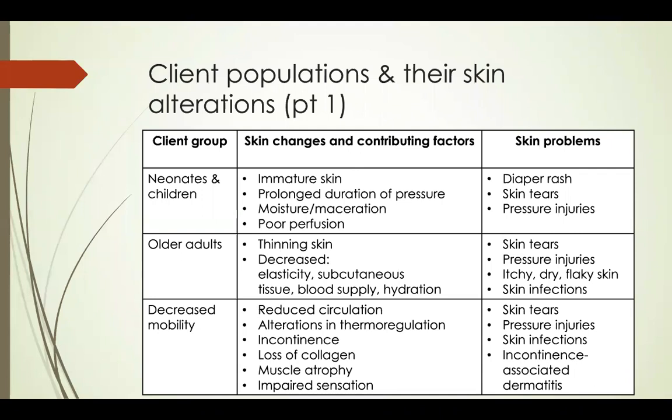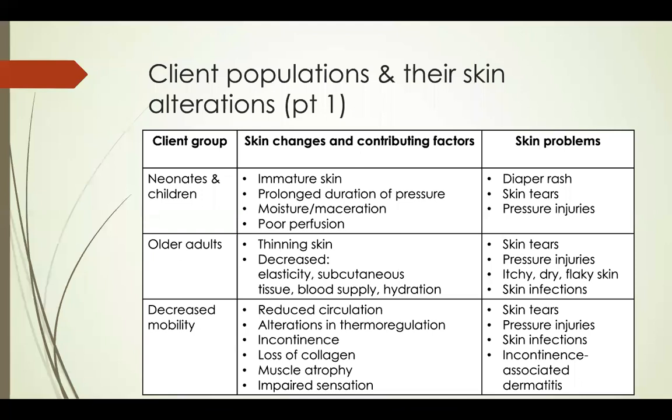So our older adults, their skin is thin, they have decreased elasticity, decreased subcutaneous tissue, decreased blood supply, and decreased hydration. Due to those, they're going to get skin tears, pressure injuries, itchy, dry, flaky skin, and skin infections. Now, our patients who do not move as much, they have reduced circulation.